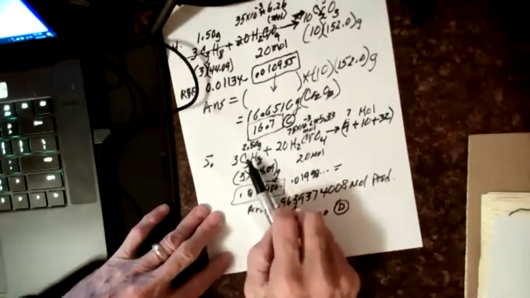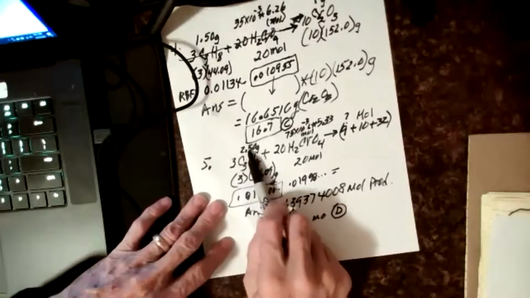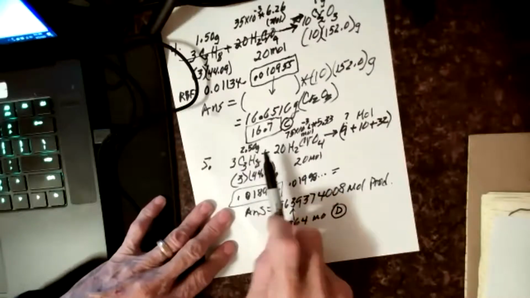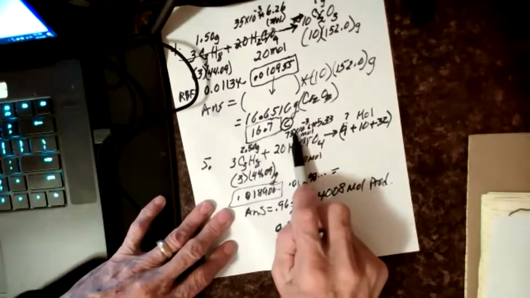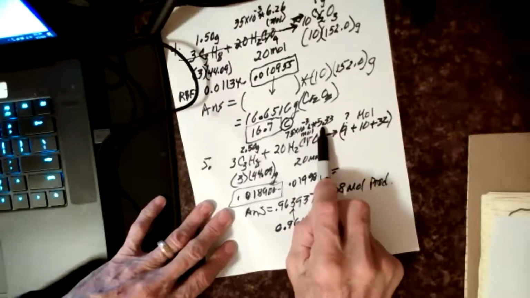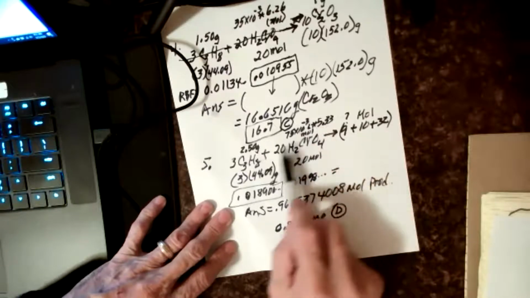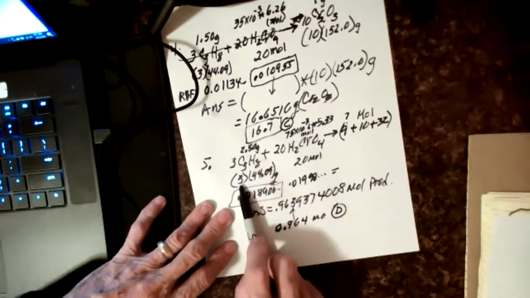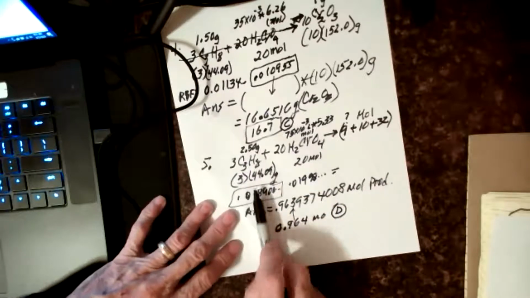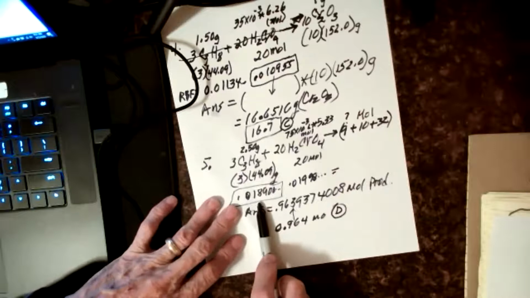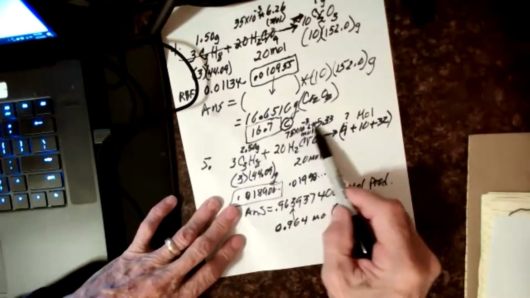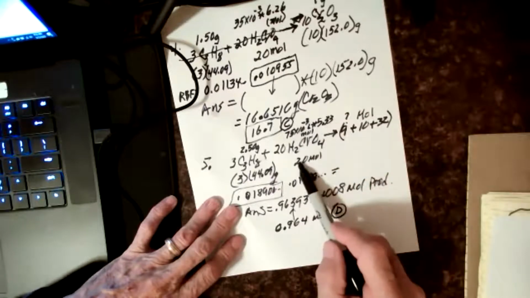Well, here was the setup. 2.5 grams of the propane, 75 milliliters of 5.33 molar. Divide the 2.5 by 3 and 44.09. I get this rebalancing factor. 75 times 10 to the minus 3 times 5.33 divided by 20.